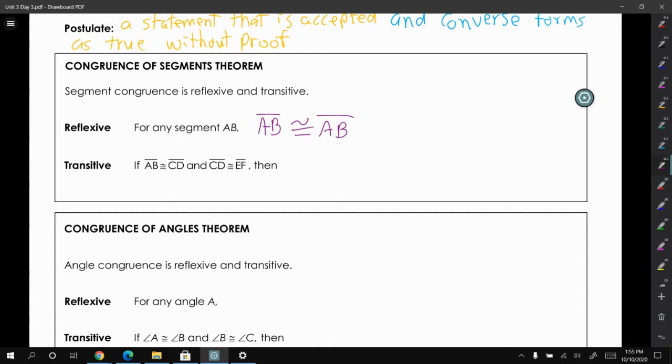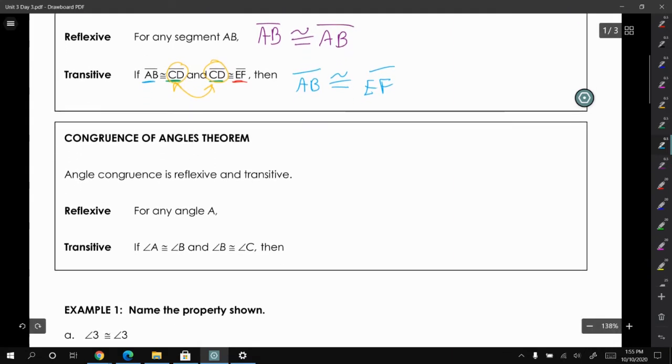And then we have the transitive one, where if AB is congruent to CD, and CD is congruent to EF, then we can cut out that middleman here. This is our middleman, and just say that segment AB is congruent to segment EF. And the same is true about angles.